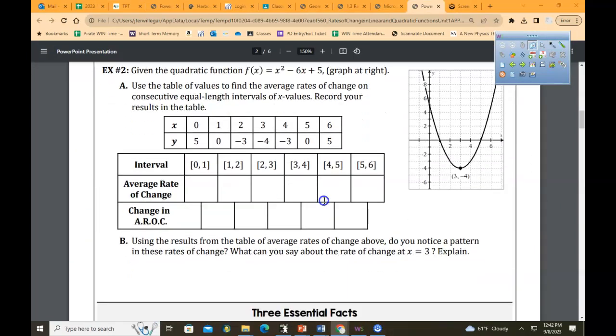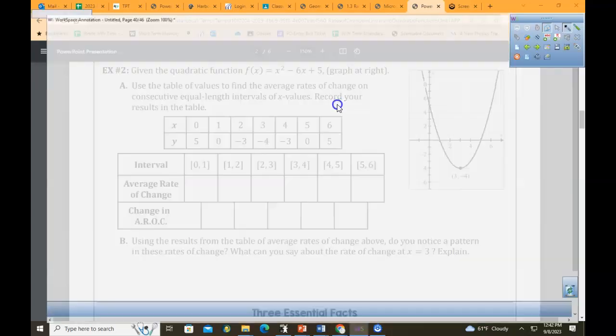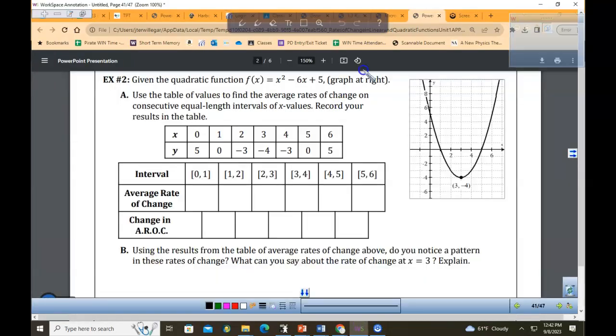Let's do example 2. So we have a quadratic. We graphed it at the right. Now we want to see, what does the rate of change do here? What happens? Who knows? I'll let you know.